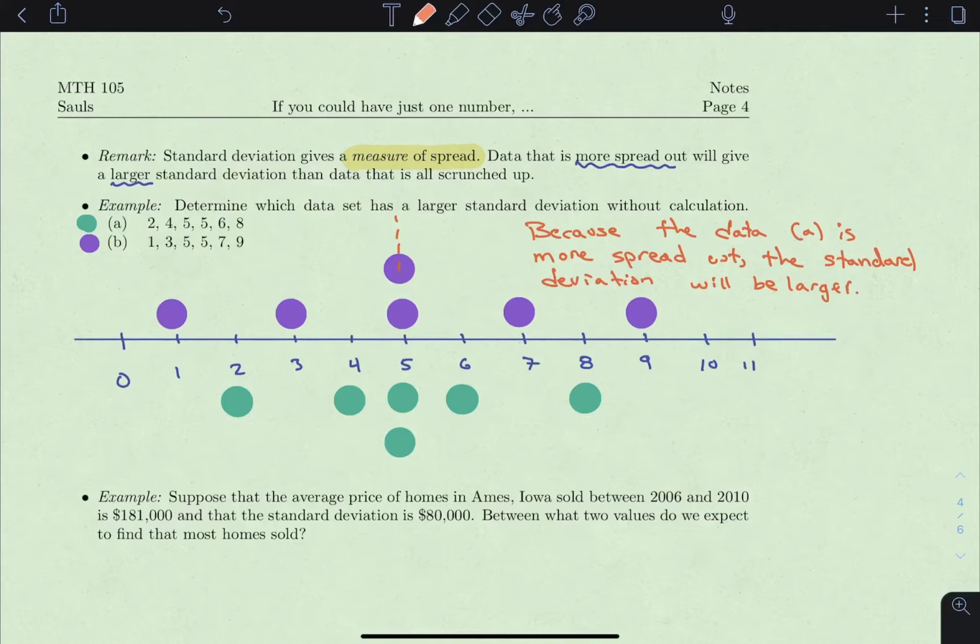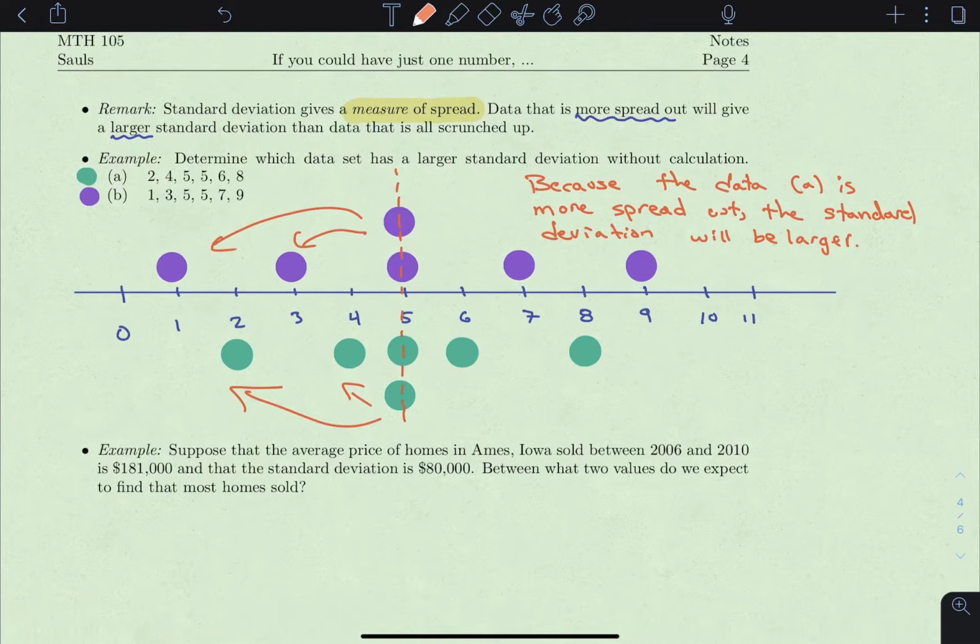So both of the data sets are kind of centered around 5, but because the purple is so much farther away from the center, you can expect its standard deviation to be larger.